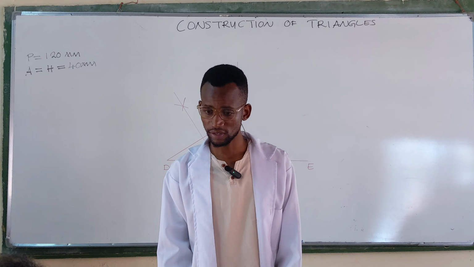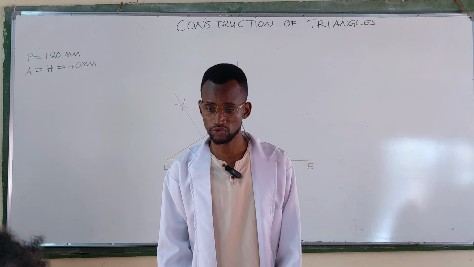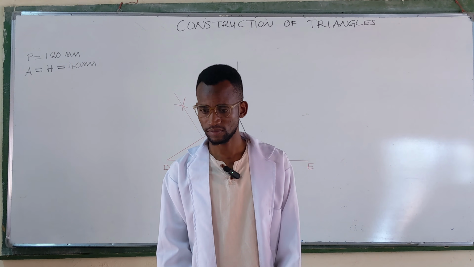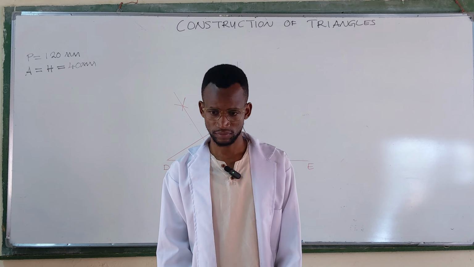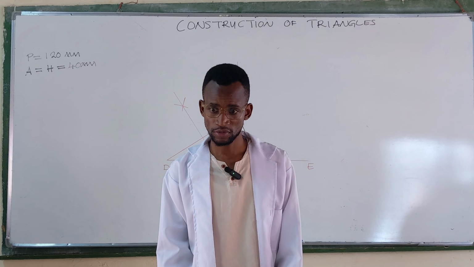What is AB giving you then? 32. Okay, what is BC? 44.